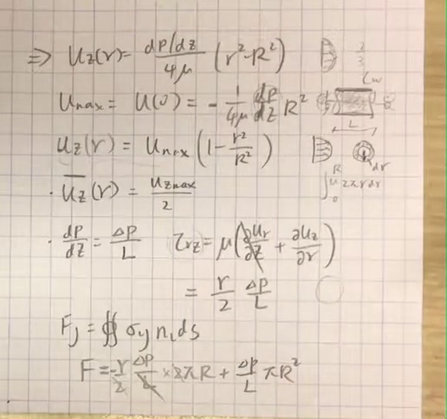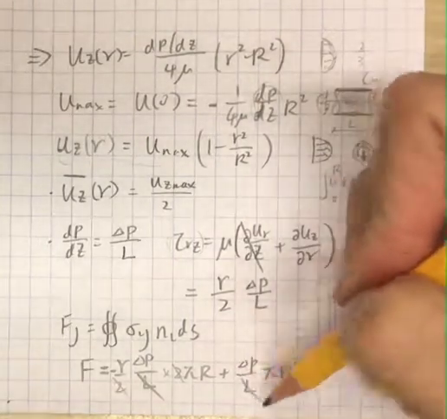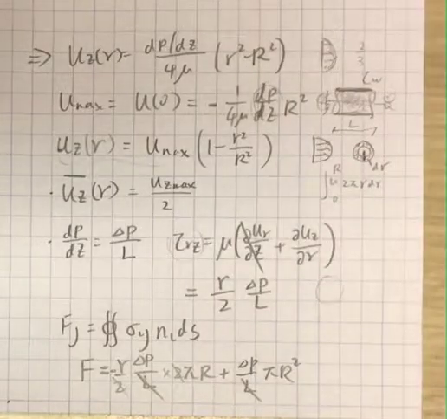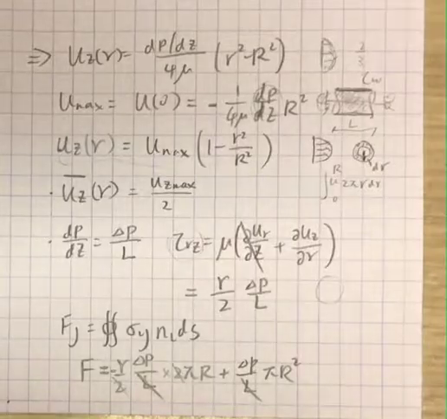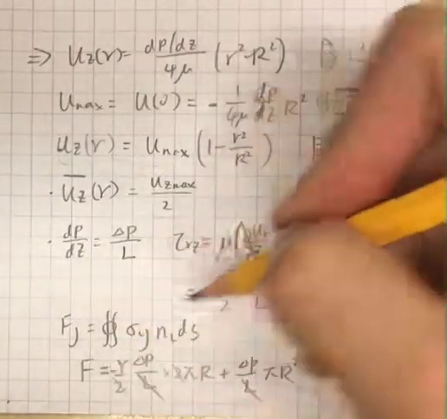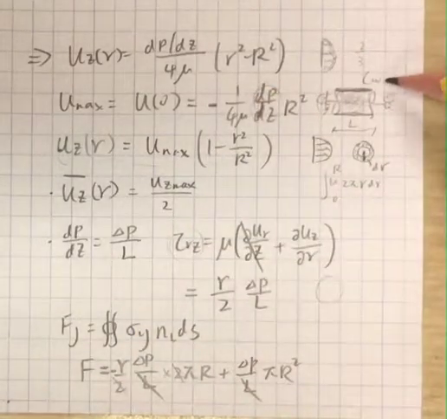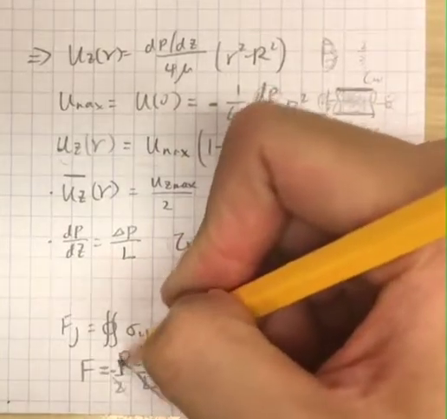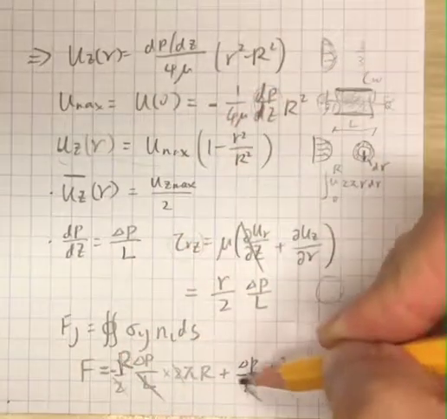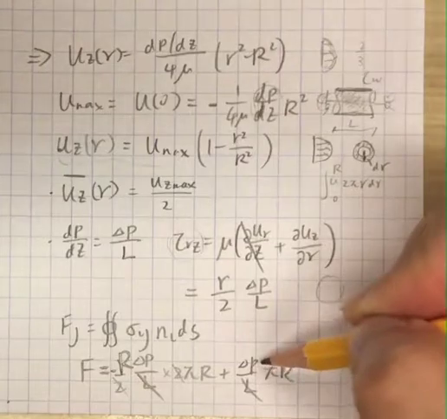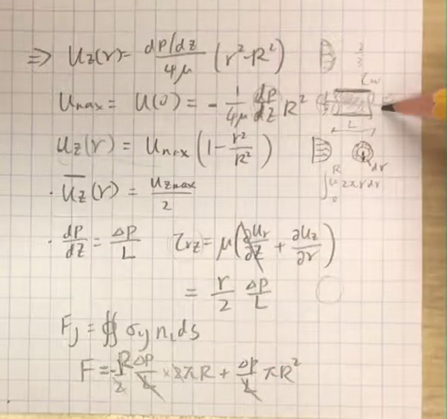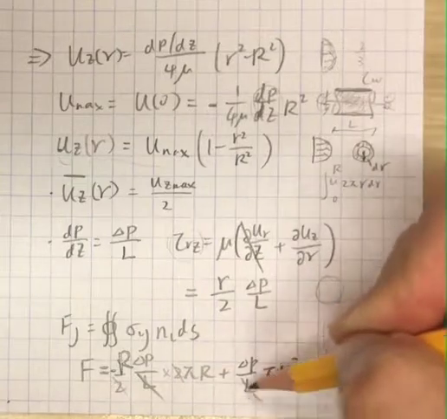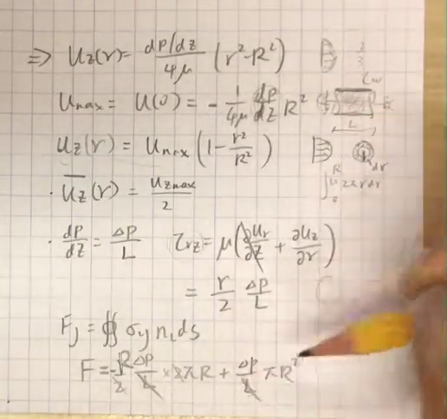Pi r squared, oh no, I should also multiply by L, right? And here when calculating the tau wall, I should use r equals R. Here I need to multiply by L because the pressure difference between here and here should be delta P over L, but times the length L, right?